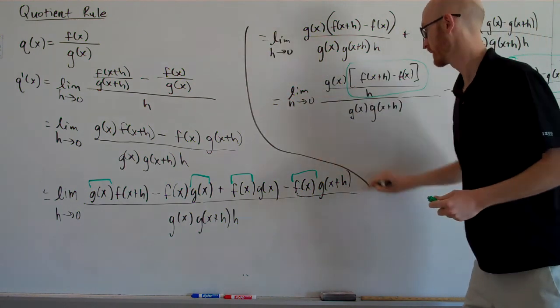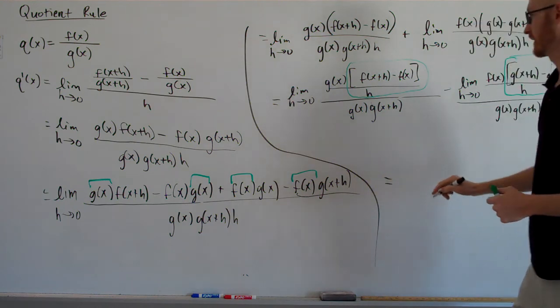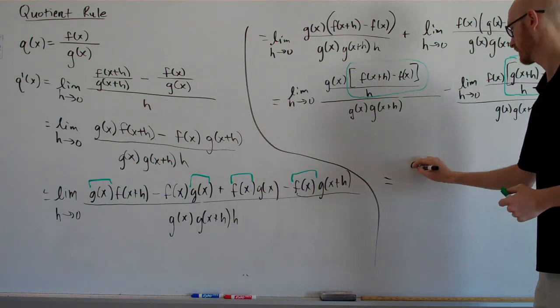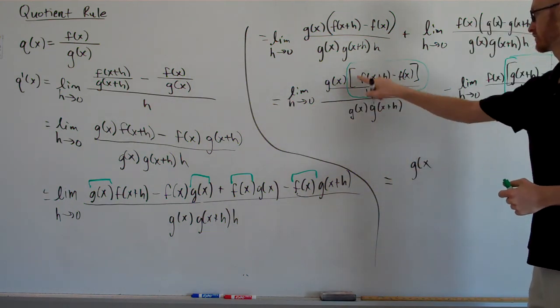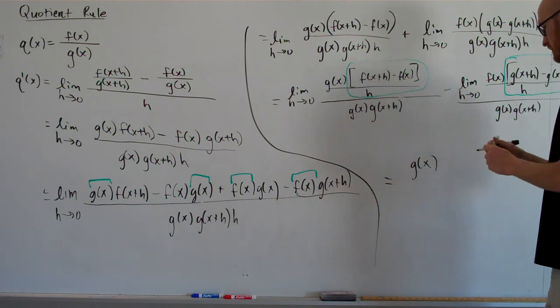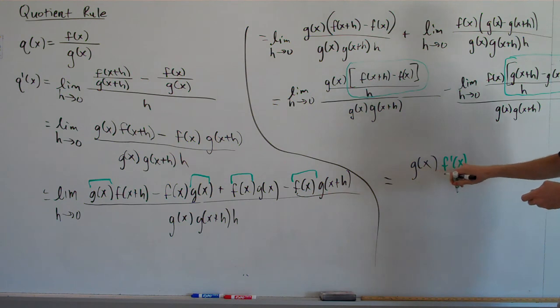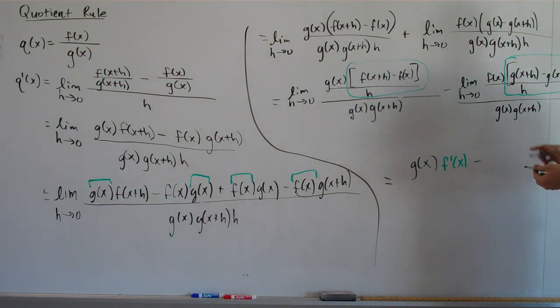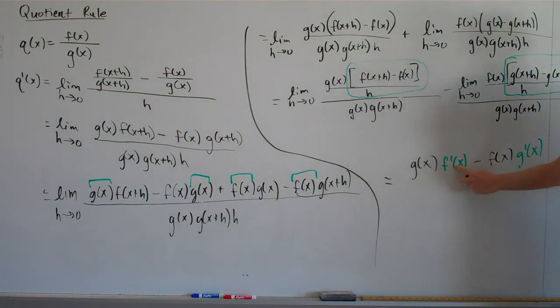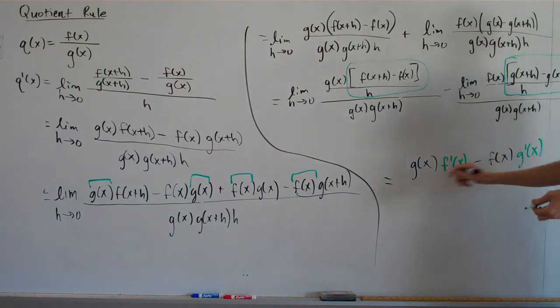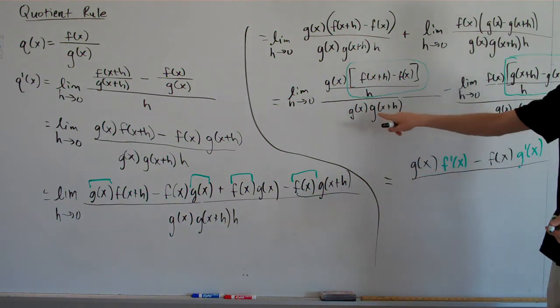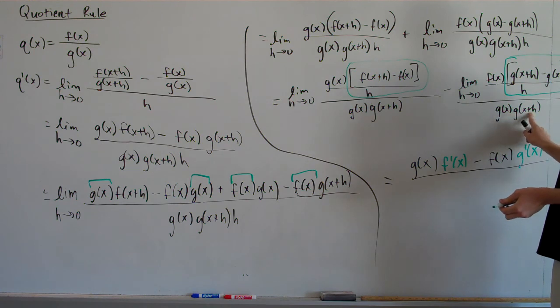So now if I kind of divide that up, we're left with, when h goes to 0, that'll be g of x. Green stuff is f prime, low d high, minus f of x, g prime, low d high minus high d low, over, when h goes to 0, both of these have the same denominator.